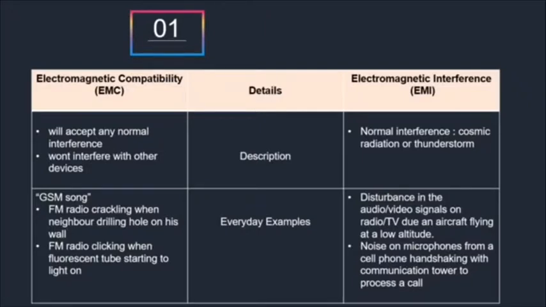Or radio clicking when the fluorescent tube starts to light on. While for EMI, you can see daily life examples, which are disturbance in the audio or video signals on radio or television due to an aircraft flying at low altitude, and noise on a microphone from a cell phone handshaking with a communication tower to process a call.